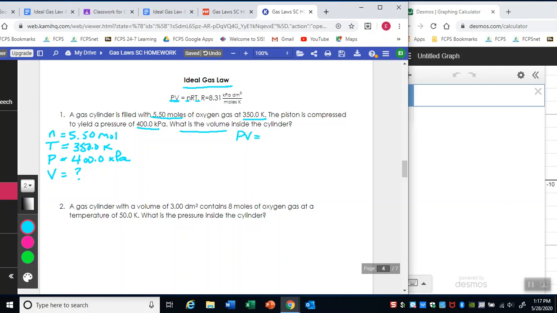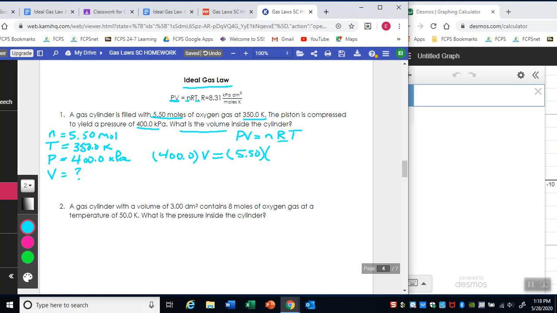And here is my ideal gas law. Pressure times volume equals the moles times my constant times temperature. So I write out this equation and then I substitute. So pressure is 400. I'm going to take out the units because I'm just doing the math here. Volume, I do not know, so I'll leave that as V. N is the number of moles, so that is 5.50.